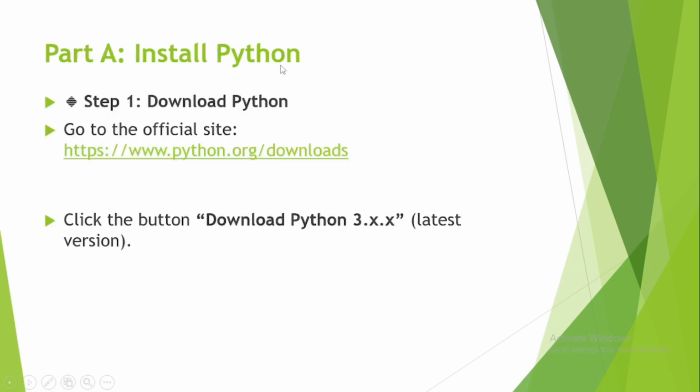So the first step is to install Python. How do you install Python? You need to download Python from the official website of Python. Here I have given the link to download Python. Click on that, wait for a few minutes.